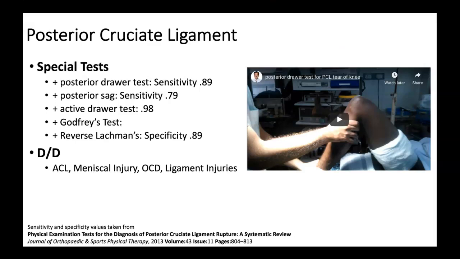Now, in terms of differential diagnoses, because the mechanism of injury can be similar to that of an ACL, you have to rule out an ACL injury. Because the knee is locked in knee extension and there's movement of the tibia, most often we'll see a posterior horn meniscal injury, so we'll need to rule out a meniscal injury. We'll have to rule out an osteochondral defect, and then, of course, we want to rule out any collateral ligamentous injuries as well.